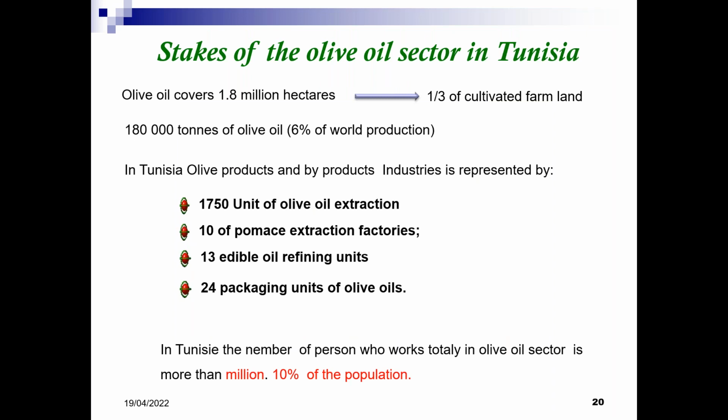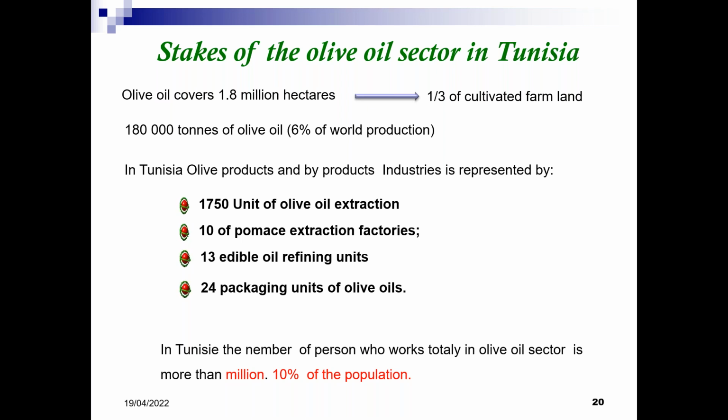In Tunisia, we have 1.8 million hectares. It is 1/3 of cultivated farmland. It produces about 180,000 tons of olive oil, about 6% of the world production.